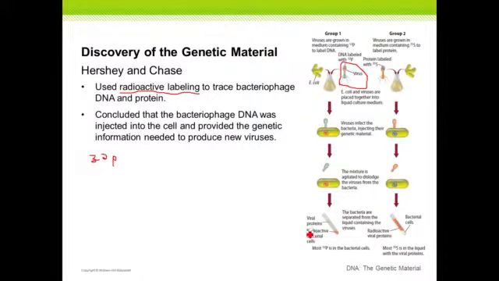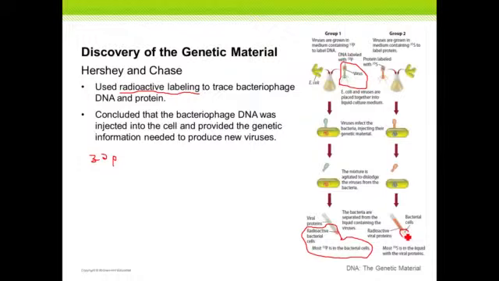What he found out is that when everything was said and done, and he went through the process, the radioactive part of the bacteria ended up being the DNA. Now, if you look right here, the bacterial cells, after they did their rolling, didn't have any of the radioactive material.